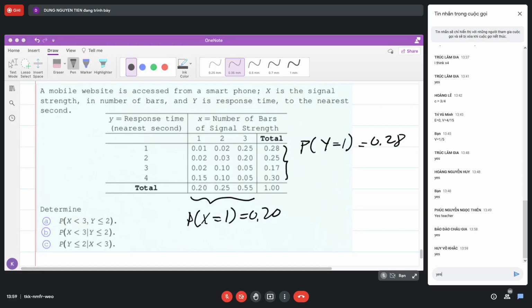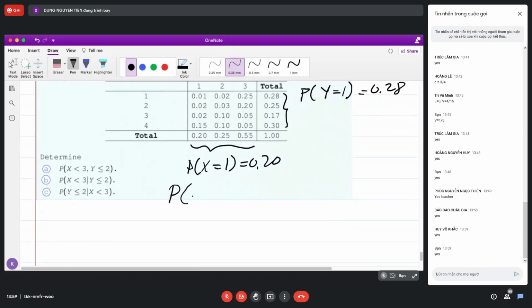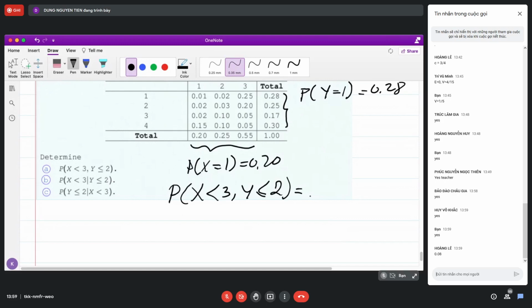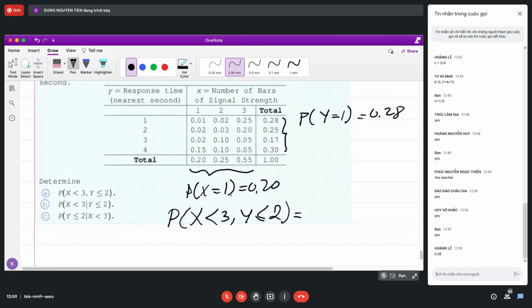Okay. Now I want to talk about the probability, question A. What is the probability that x is less than 3 and y is less than or equal to 2? What do you think? X is less than 3 if x is 1 or 2.